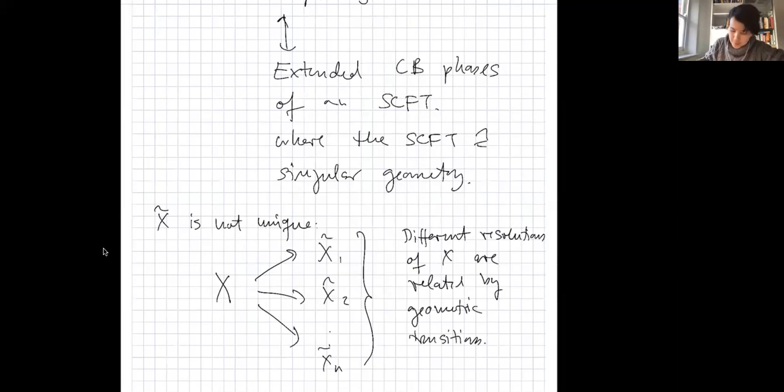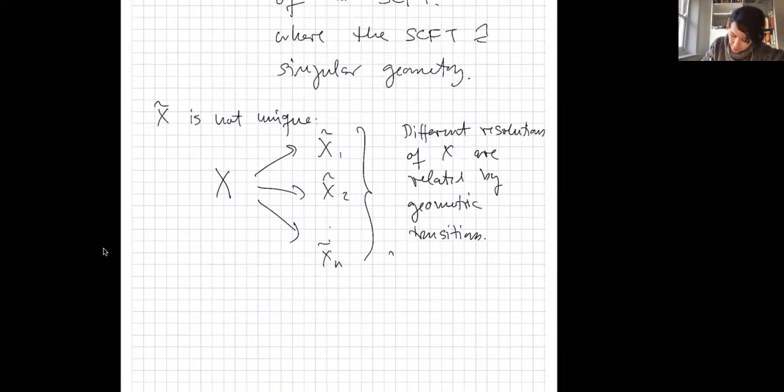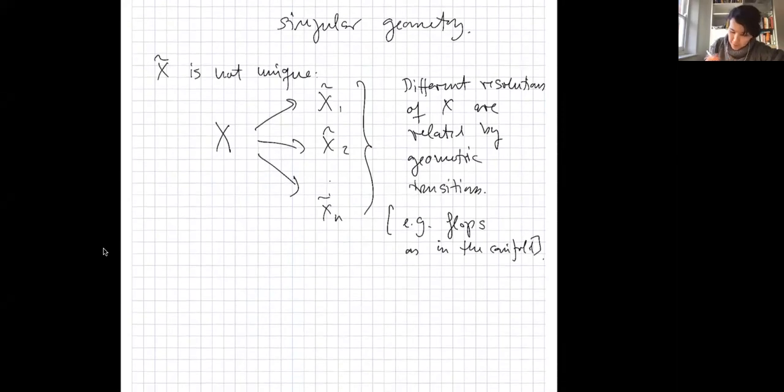The simplest thing that you can think of, for example, is the flop transitions, as in the conifold. Okay, and what we will develop is basically how this exactly matches with the Coulomb branch phases. We'll have to be a bit careful about how we distinguish various cycles in these resolutions.